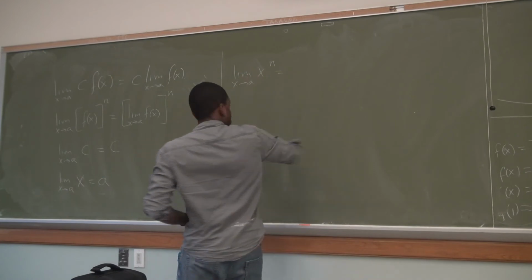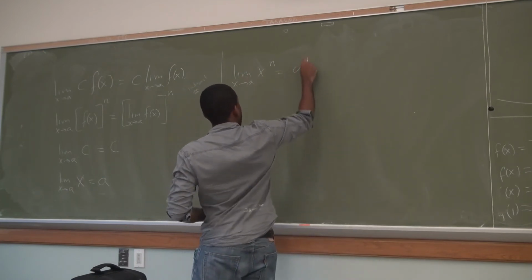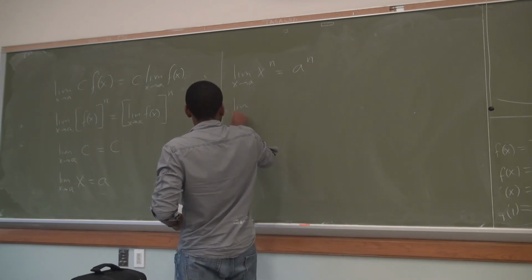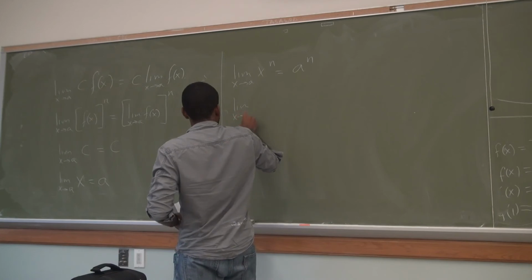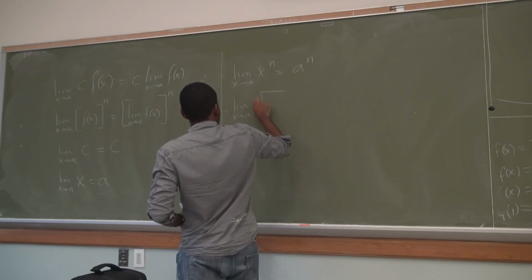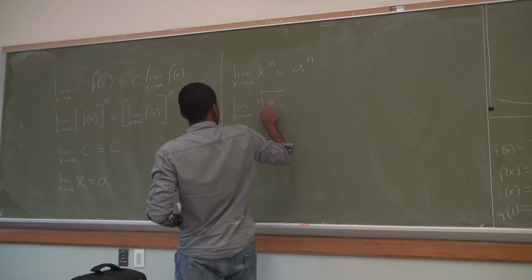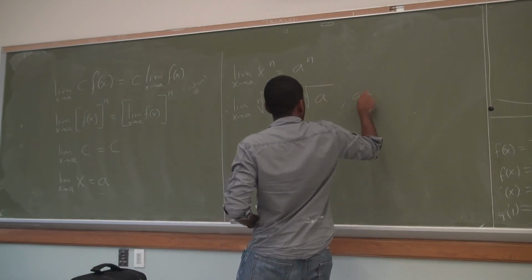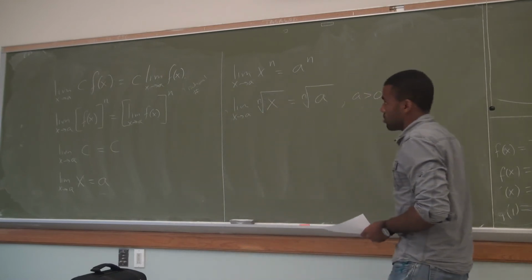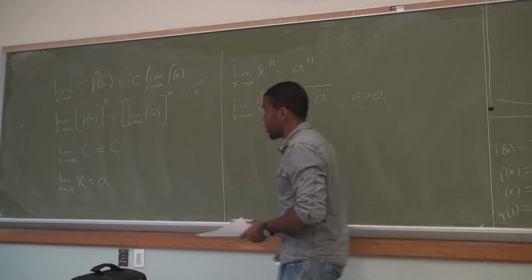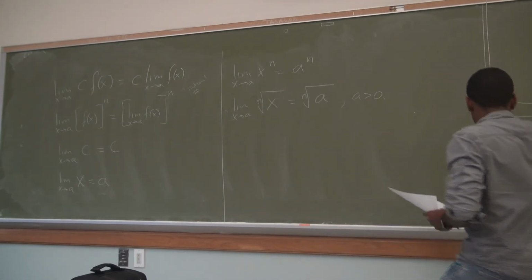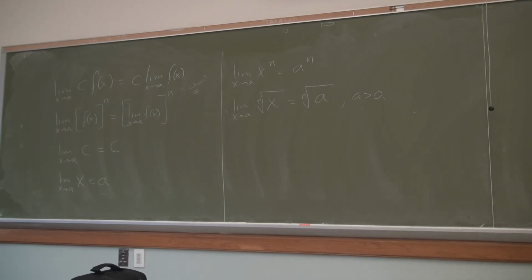Well, this one, you sort of apply this one and the product rule at the same time. It's a to the n. I think I should write this down, just so that you guys see it. So the power rule applies to radicals as well. And we actually did this in the very beginning, that first example that we looked at.